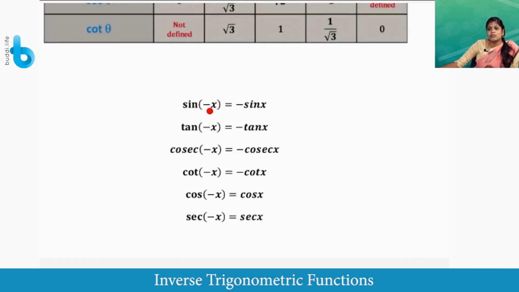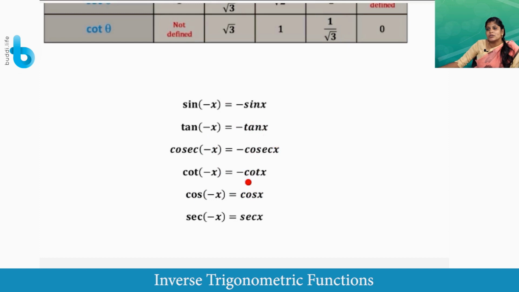Okay. Another important thing you have to know for finding the principal value is the value of a negative angle of these trigonometric functions. That is, sine minus x, where your angle carries a negative sign, is nothing but minus sine x. Tan minus x is minus tan x, cosecant minus x is minus cosecant x, cot minus x is minus cot x, cos minus x is cos x only.